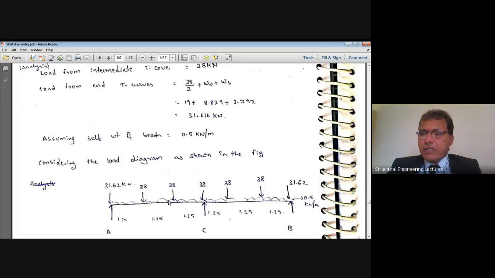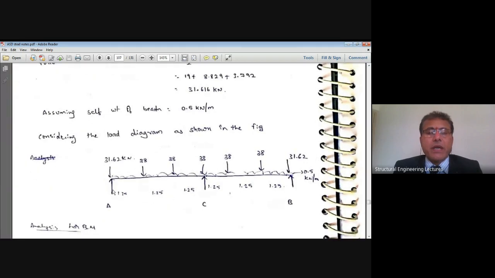Hence, these are spaced at every 1.25 meters, attracting 38 kilonewtons at intermediate locations and 31.62 kilonewtons at exterior points.